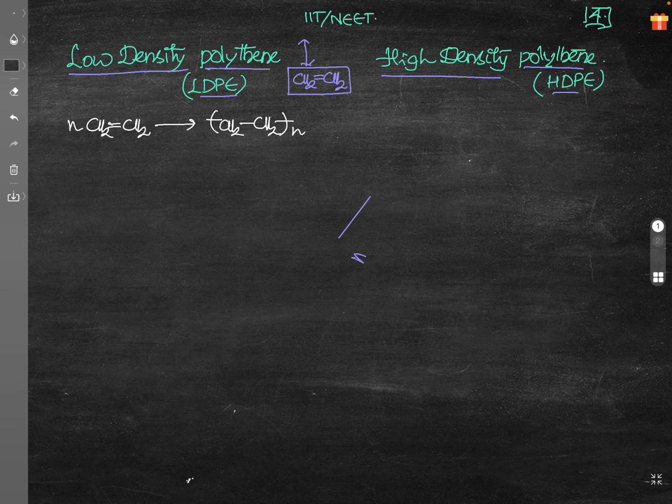Formula will be same, but the condition required here is 1000 to 2000 atmosphere pressure and around 350 to 570 Kelvin temperature. And peroxide initiator is like catalyst. Peroxide initiators are required. You can say this is catalyst.